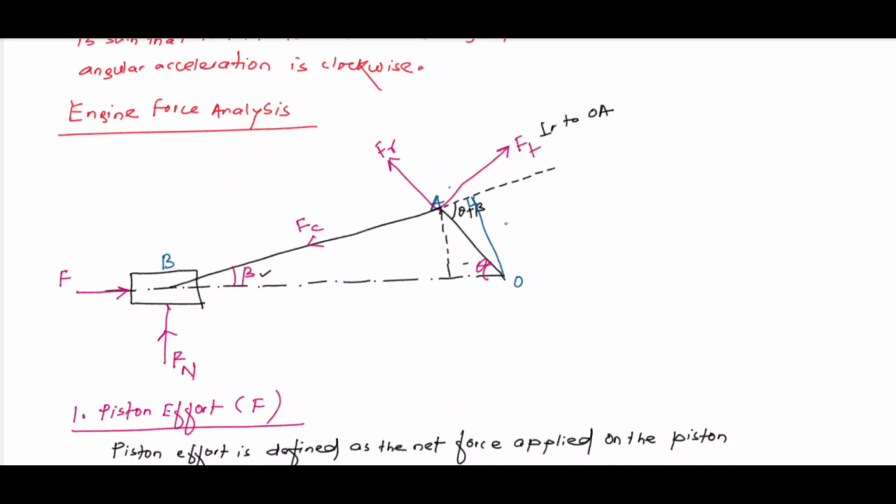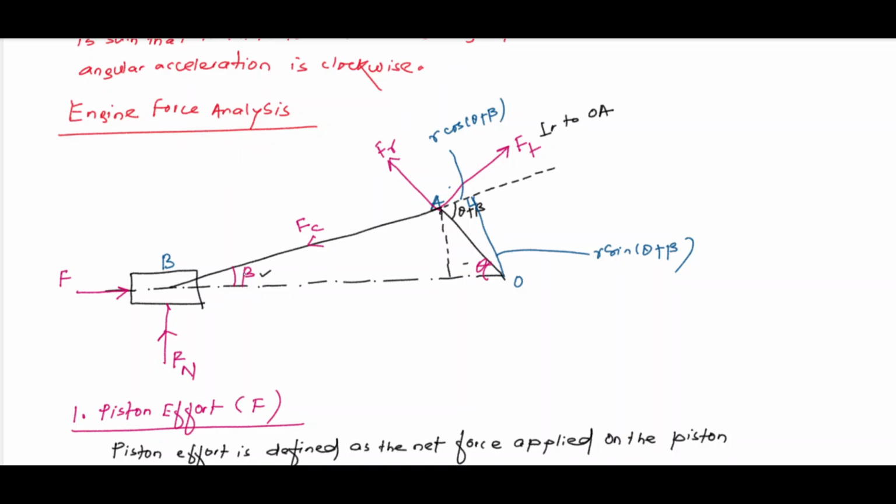This will be equal to R sine theta plus beta, and this will be equal to R cos theta plus beta, right?